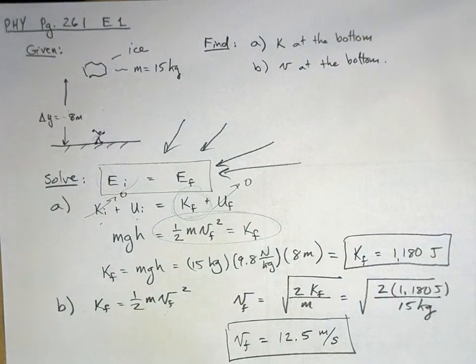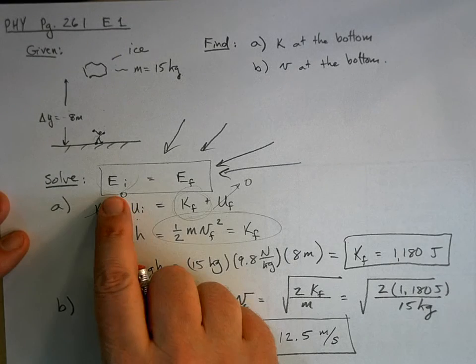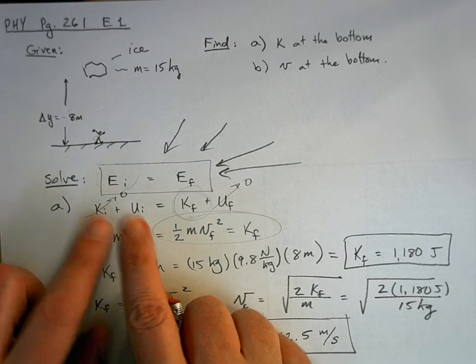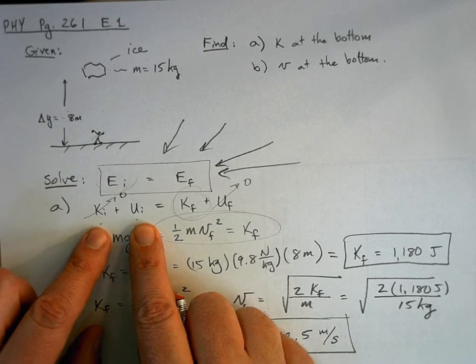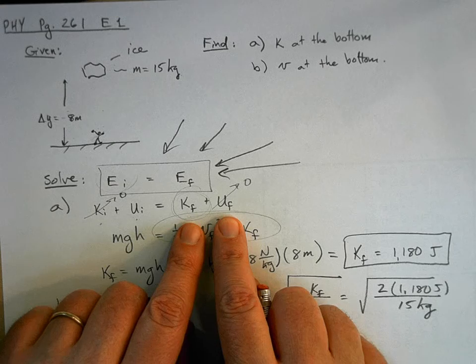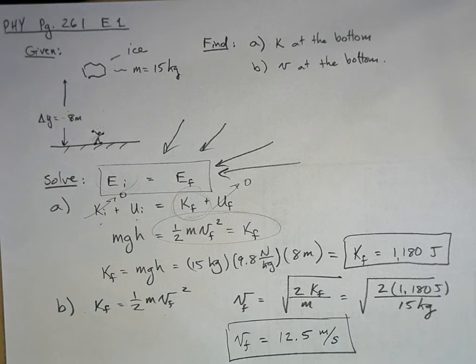If you recognize a problem and say, hey, mechanical energy is conserved in this problem, the only force doing any work at all is either gravity or springs, then you can say my initial mechanical energy will be equal to my final. And then you just have to say, okay, where is my initial energy? Where is my final energy? How's it stored in my system? Plug in the equations for potential energy and for kinetic energy, and then you solve for the unknown.